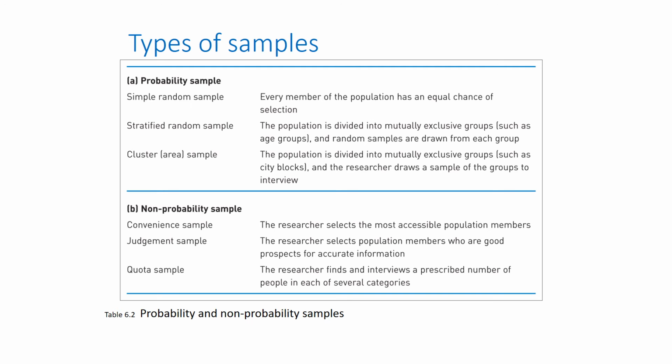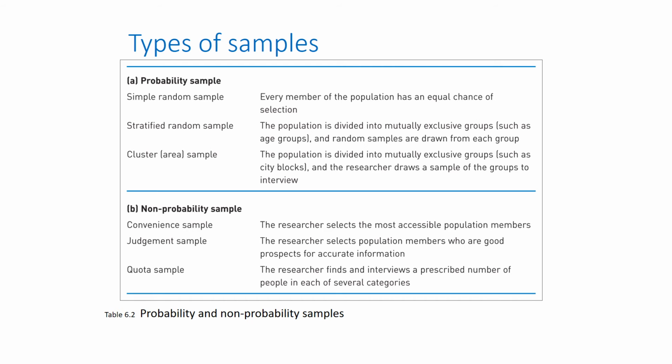For the stratified random sample, the population is divided into mutually exclusive groups, such as age groups, and random samples are drawn from each group. And cluster samples, here the population is divided into mutually exclusive groups, such as city blocks, and the researcher draws a sample of the groups to interview.